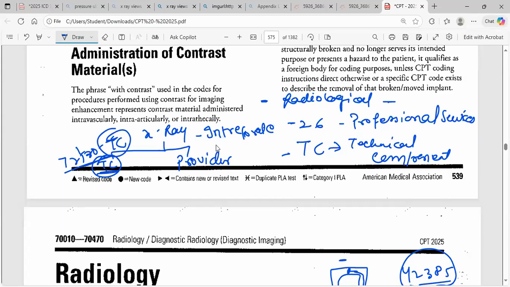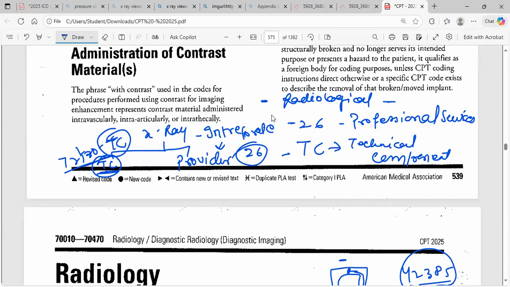And when our doctor just interpreted the report, we are going to use the modifier 26. In office settings, our doctor is not going to do the X-rays. X-rays are going to be completed by the lab technician only. So for the lab technician, you will bill the same CPT with the modifier TC, and for our doctor, we are going to bill the same CPT but with the modifier 26 to represent that our doctor just interpreted the report.